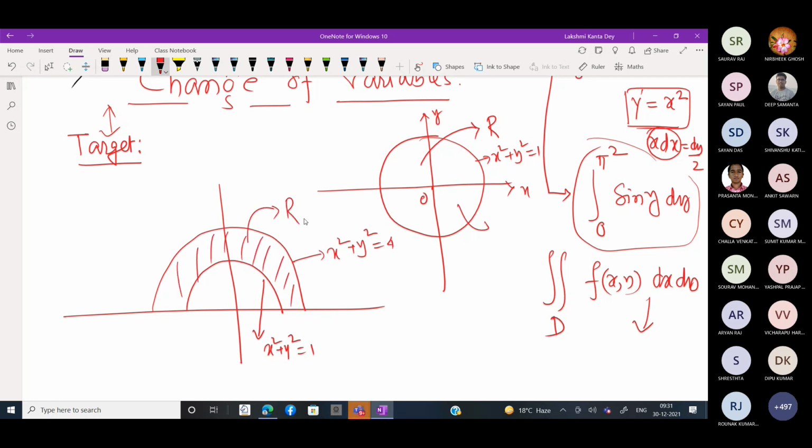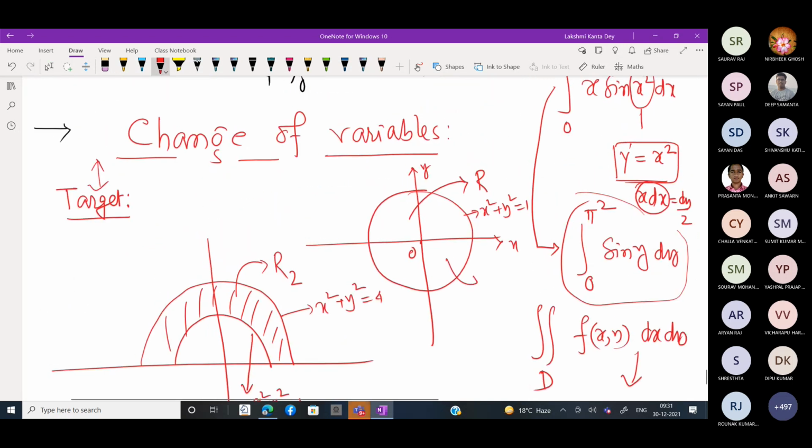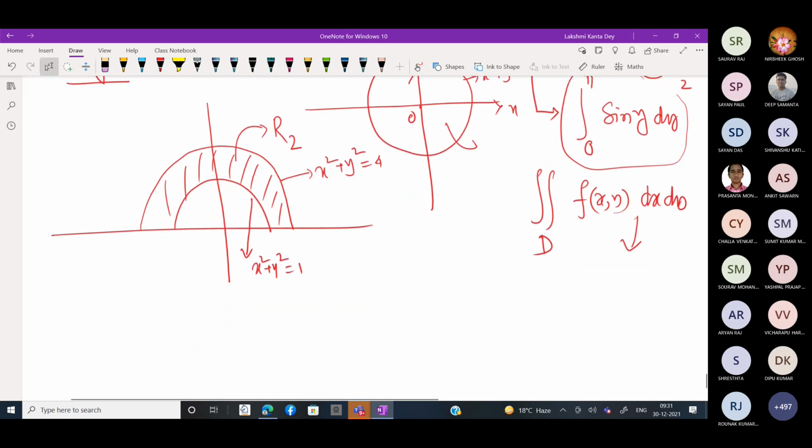If we have to evaluate a certain integration, and maybe this is your R2, this is your R1, I can write in terms of polar coordinates. You have two options.